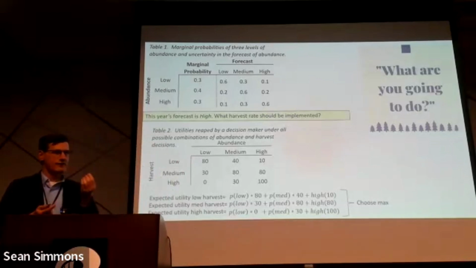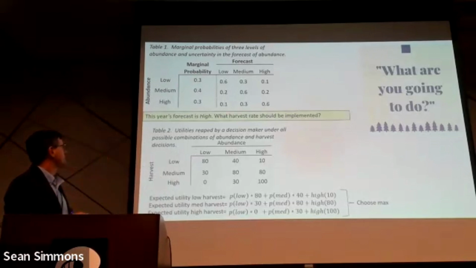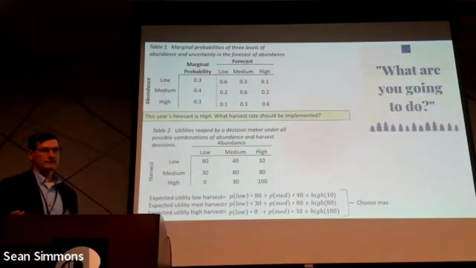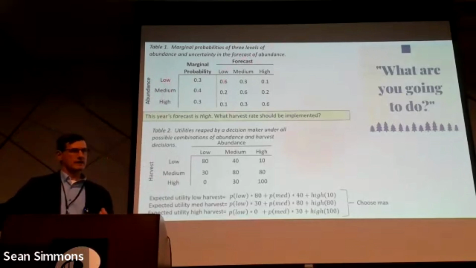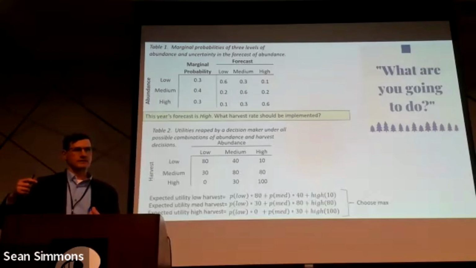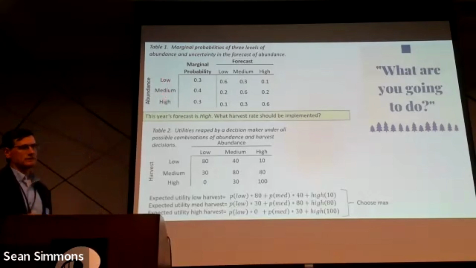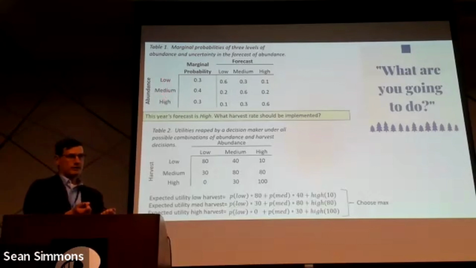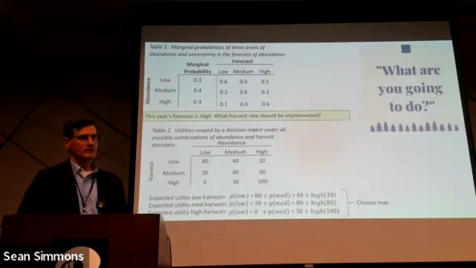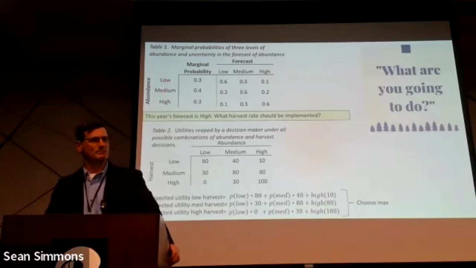So we can calculate from that type of analysis the probability of having different levels of abundance given the forecast. So if the forecast comes in low, what is the probability that the abundance actually turns out to be high? I think maybe my point is that it might help to think about this not as three discrete levels, but as the actual number down to the last individual. Maybe you can ask the question again too, I think I kind of butchered that a little.